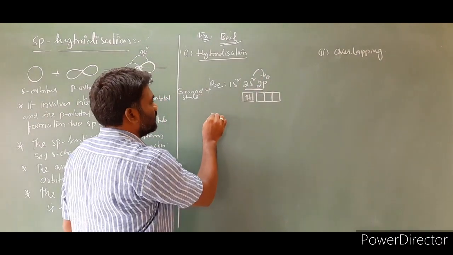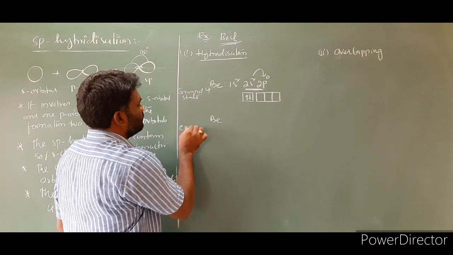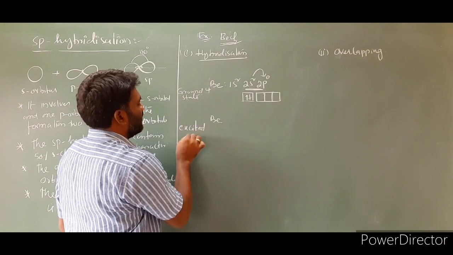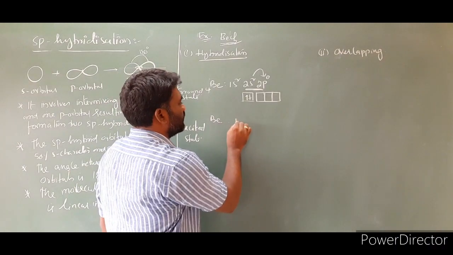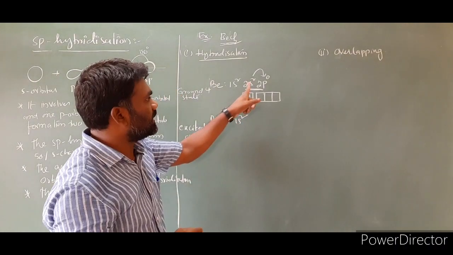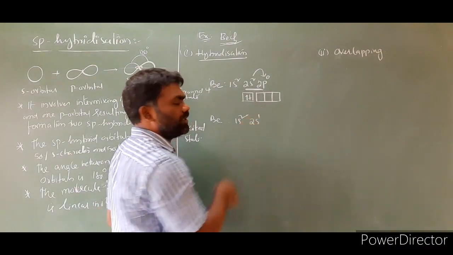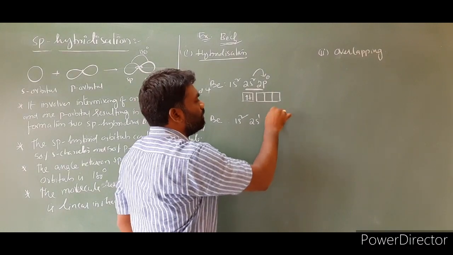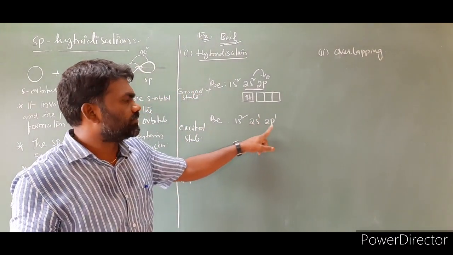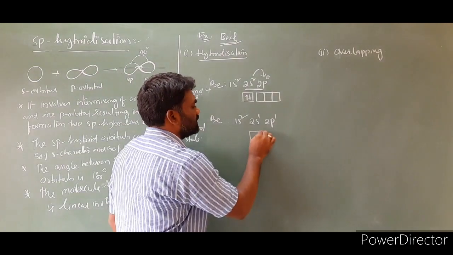When the electron is jumped here, we get beryllium in the excited state. Excited state electron configuration: this 1s2 remains the same, 2s1, and the one electron that came here is 2p1. For this also you should write an orbital diagram. Listen carefully.